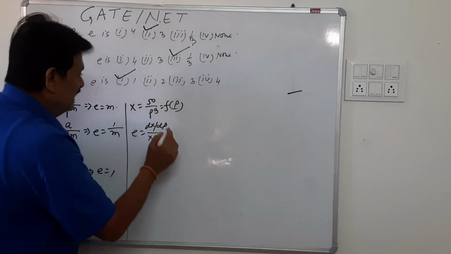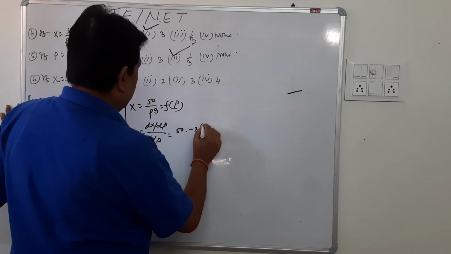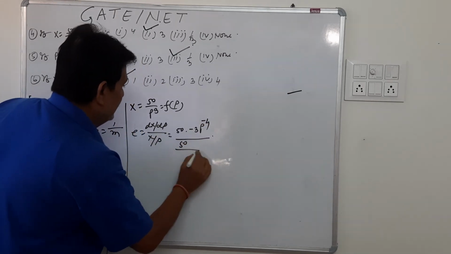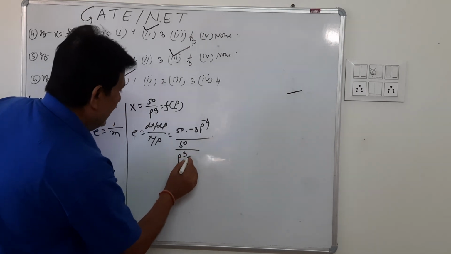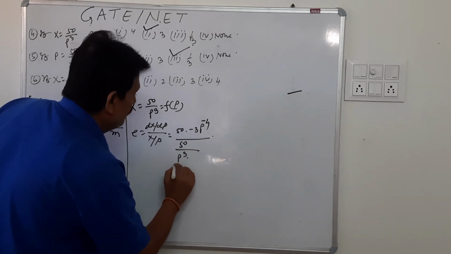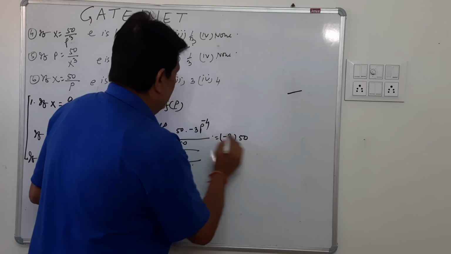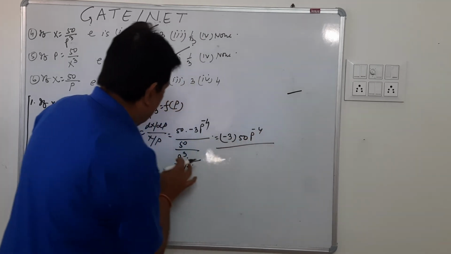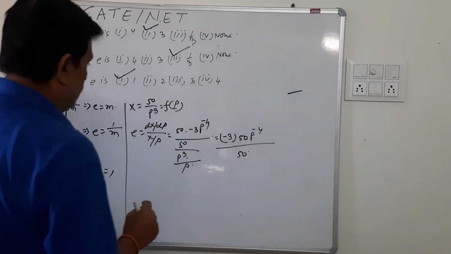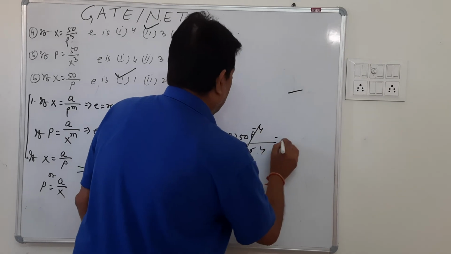Now 50 by P cube differentiated gives 50 and minus 3 P to the power minus 4, and here x by P, so 50 by P cube divided by P. So minus 3 into 50 P to the power minus 4, and here P by x. So elasticity is 3.